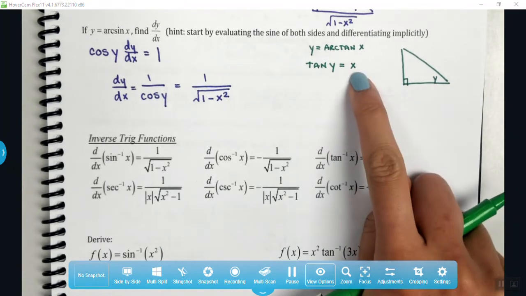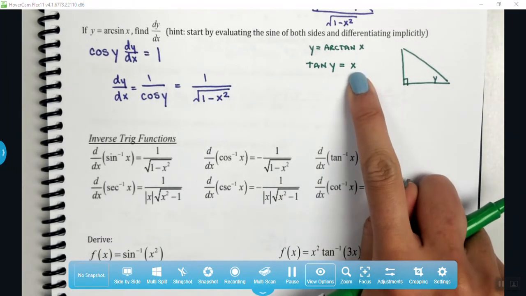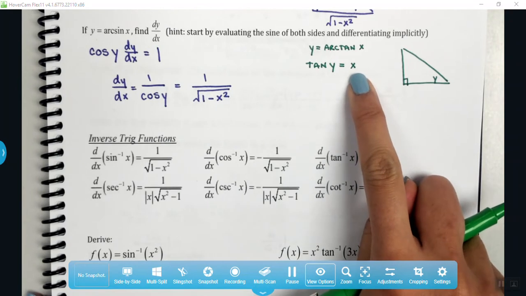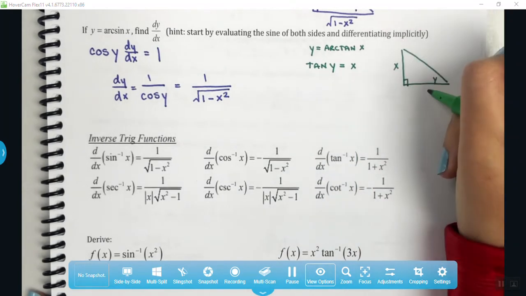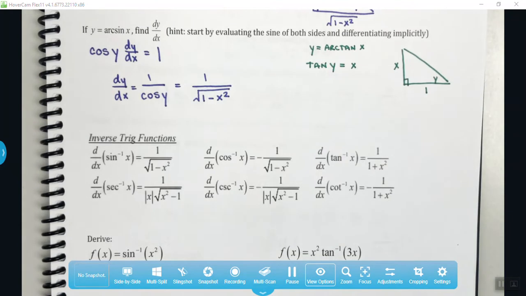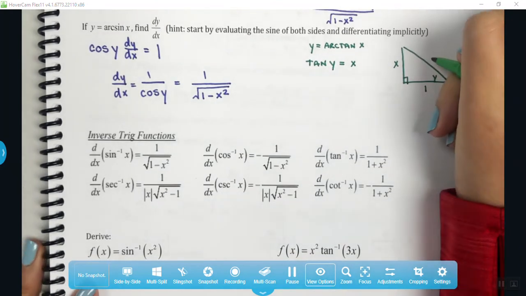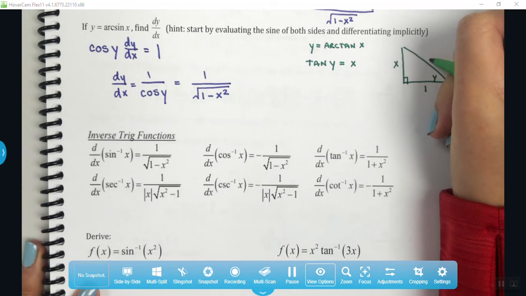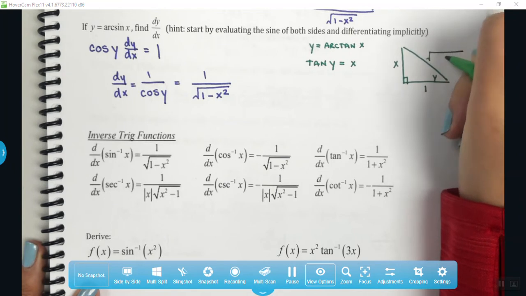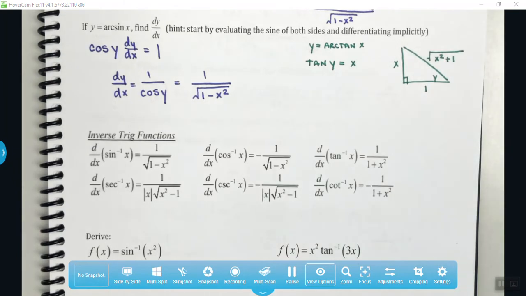So tangent is opposite over adjacent, x over 1 here. So our hypotenuse would be the square root of x squared plus 1.